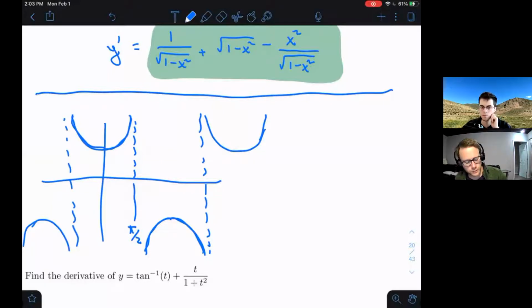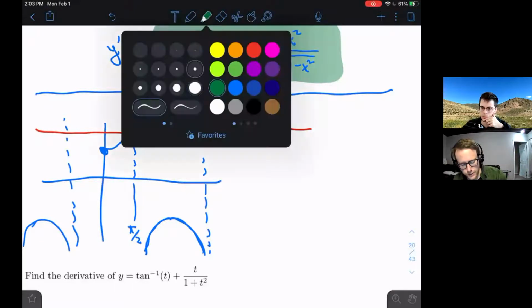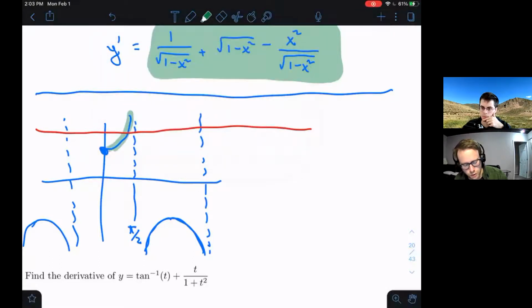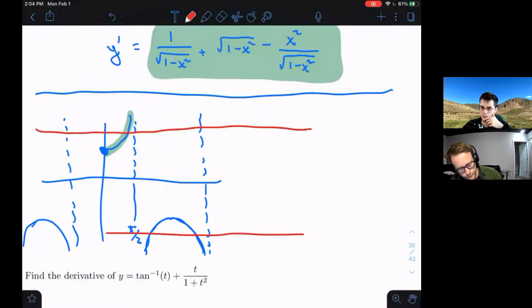Notice that along the top here, this doesn't pass the horizontal line test, so we're going to delete a lot of it. I'm going to delete all of this and the left half here, so all that is left is this restriction from 0 to pi over 2, this piece right here. The bottom doesn't pass the horizontal line test either, so we're going to delete all of it except for one piece.